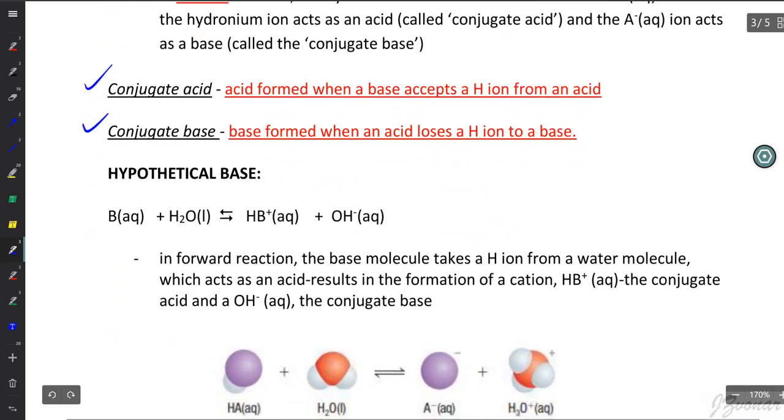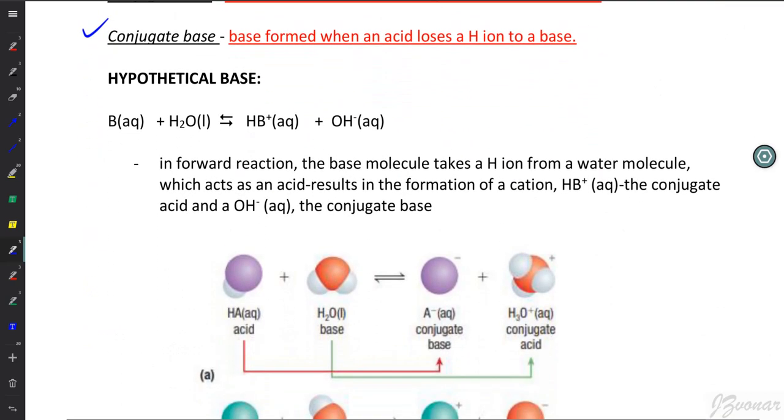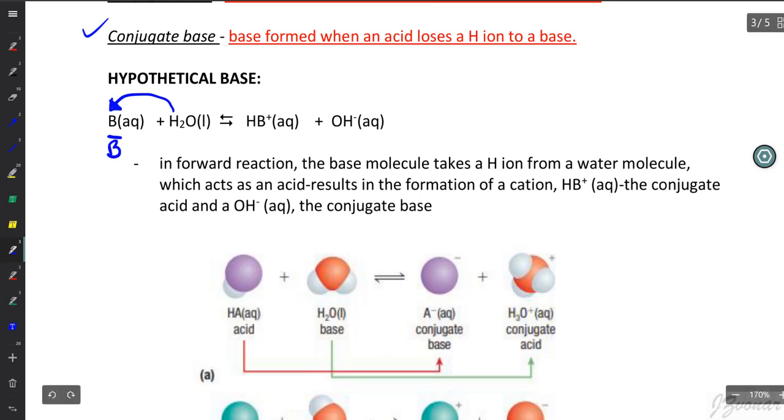So let's look at our hypothetical base situation. B stands for my base, and what happens here is the water molecule donates the hydrogen. So therefore this is my base because it's accepting the proton, and the water is acting as the donor, so therefore it is the acid. So this is my acid, this is my base, for the forward reaction.